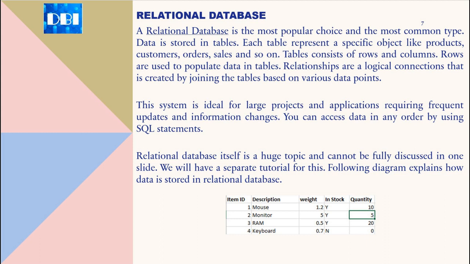This system is ideal for large projects and applications requiring frequent updates and information changes. You can access data in any order by using SQL statements. A relational database is a huge topic and cannot be fully discussed in one slide. We will have a separate tutorial for this. The following diagram explains how data is stored in a relational database.